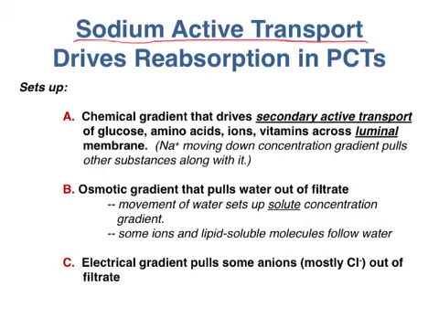So sodium active transport sets up a chemical gradient. A chemical gradient drives secondary active transport. So, as sodium moves down its concentration gradient, it pulls other substances along with it. Right? That secondary active transport is how glucose and amino acids and some ions and vitamins get taken up across the luminal membrane, so into the epithelial cell, and then they can be transported out the basolateral membrane into the interstitial fluid.